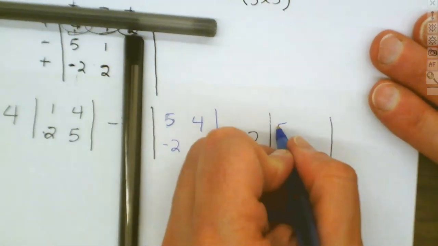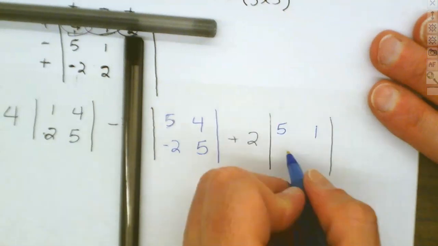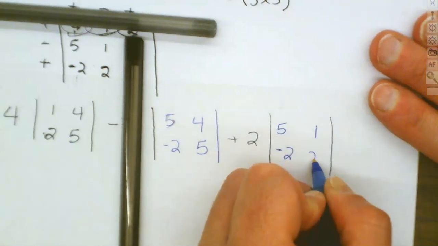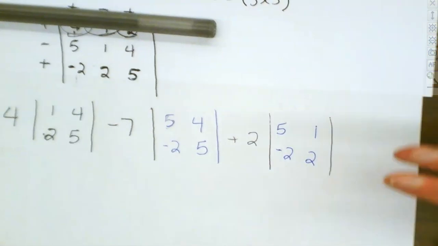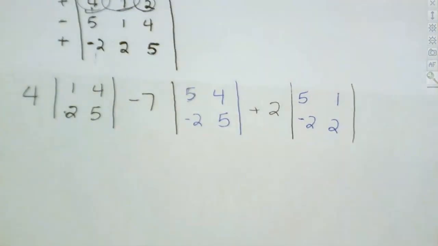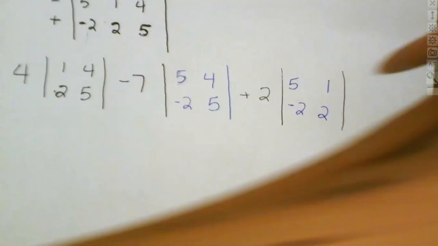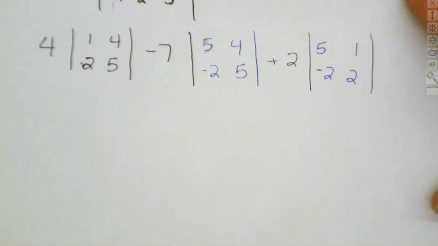This determinant. 5, 1, minus 2, and 2. Now we do each one of these individually. Put them all back together, and we're done. So we're going to do each one of these individually.